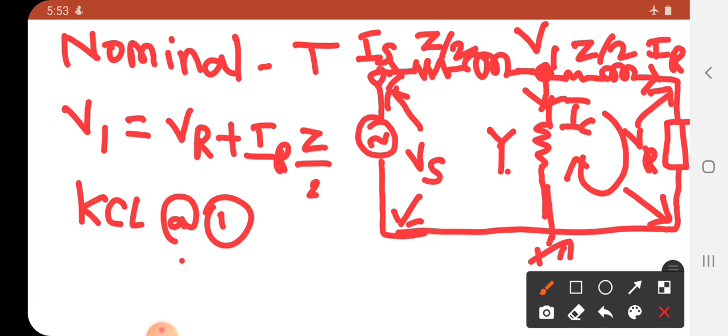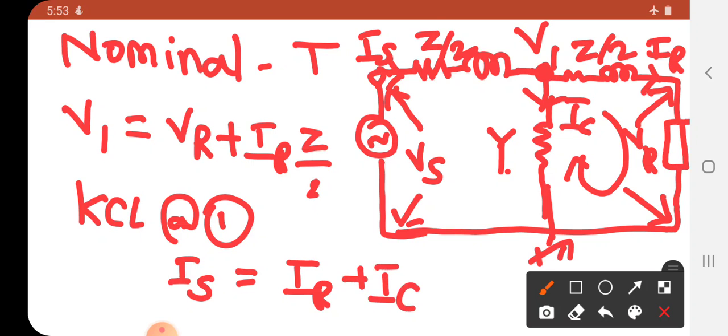The only incoming current is Is. So Is is equal to IR plus IC.